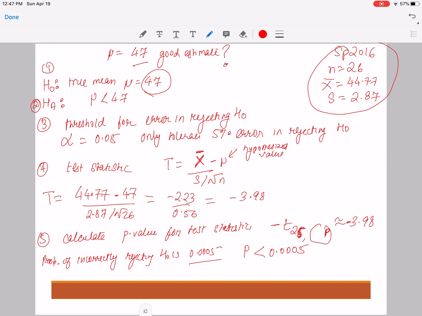So even if I reject H0, the probability that I'm incorrect is so small that I can go ahead and practically reject H0 in this case.